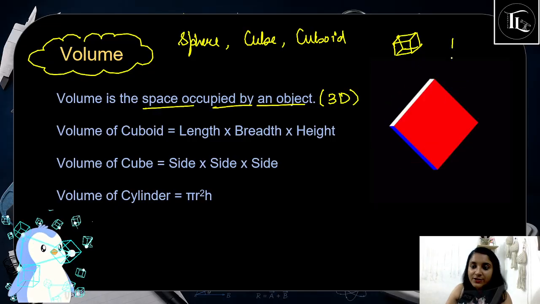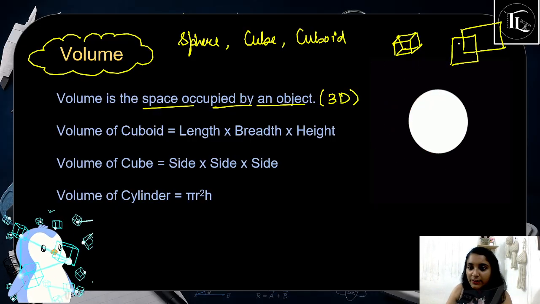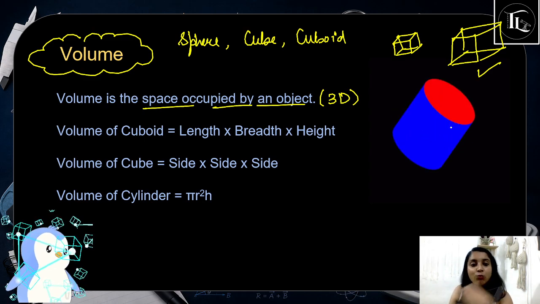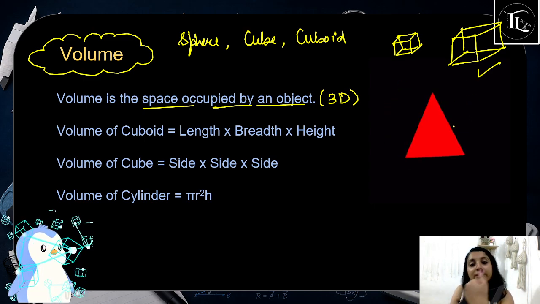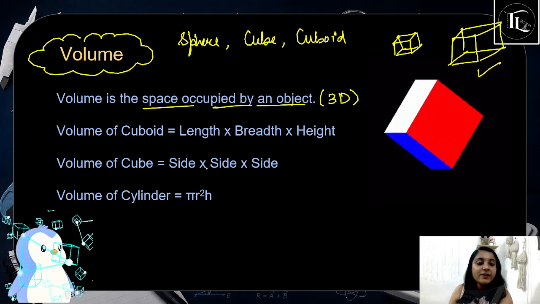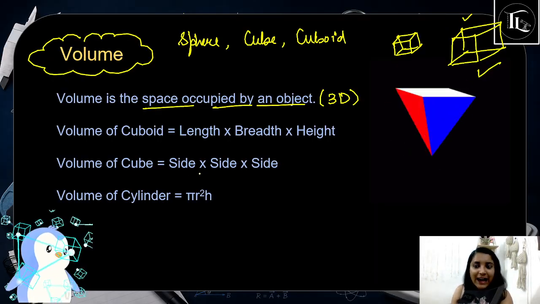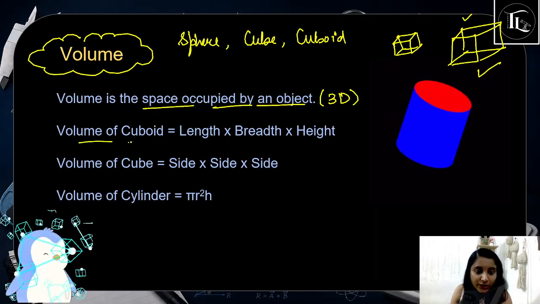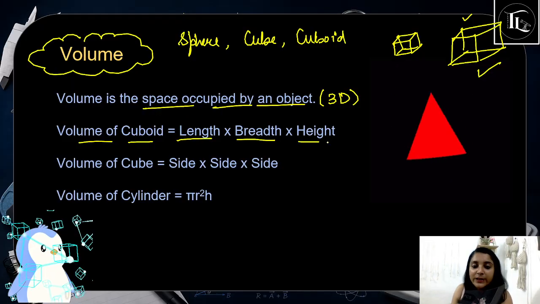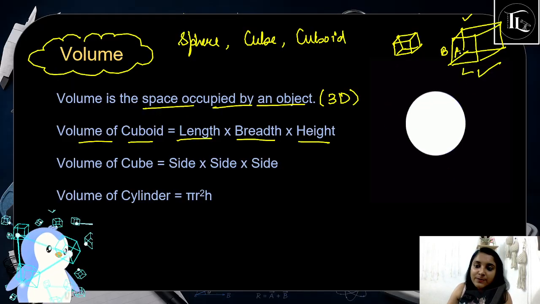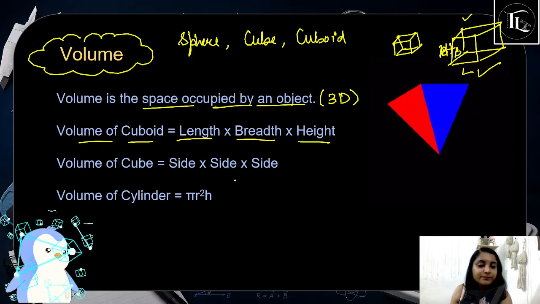So if this is the first figure and suppose this is the second one, and the second one takes more space, is occupying more space, right? So the volume for this one would be more than the first one. And how can you calculate it? For volume, we have length into breadth into height. So this is length, this is breadth, and this is height.